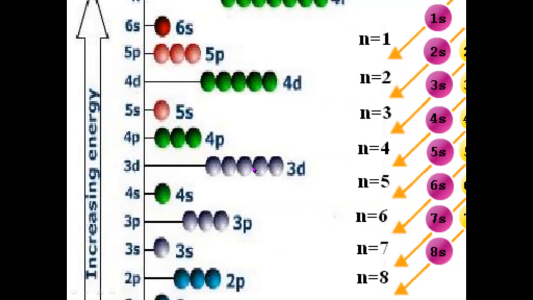Why this happens, we will discuss in the next topic, called the n plus l rule. So we will have 3d, then 4p, then 5s, and so on. Here, 1 means first energy level, or first orbit, 2 means second orbit, third orbit, fourth, fifth, up to 8 orbits.